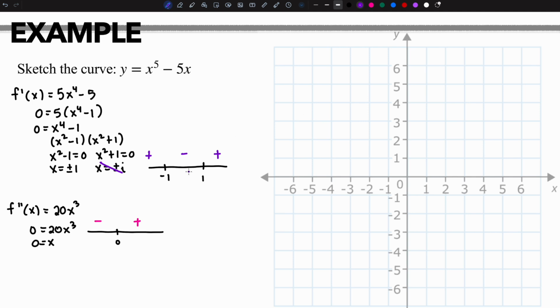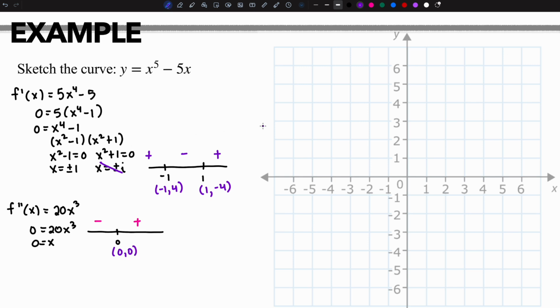Now we can find what these actual points are if we plug them back into the original function. So 1 minus 5 will give me a negative 4. And if I plug in a negative 1, I'll get a negative 1 plus 5, which will give me a positive 4. And if I plug in 0, 0 minus 0 is 0.